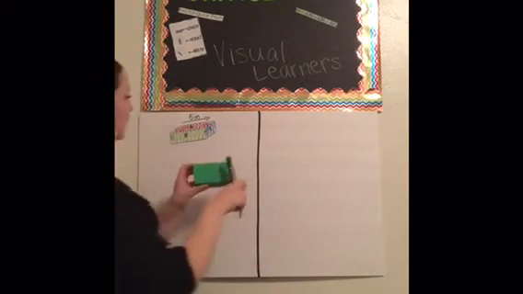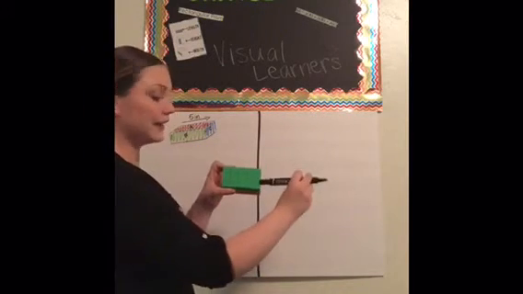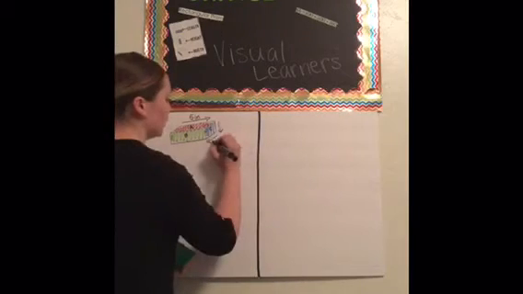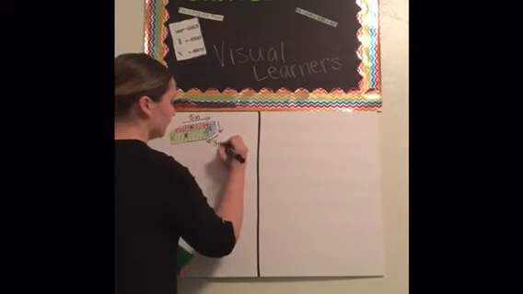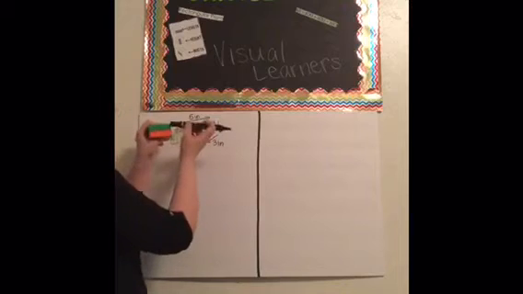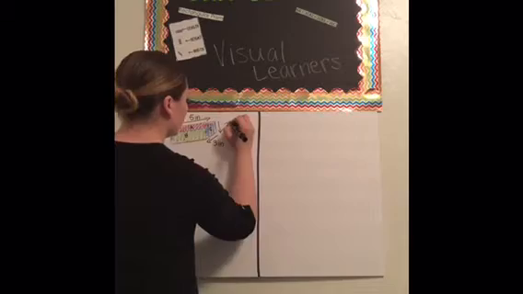And now for this little width side of face A, we have 1, 2, 3 cubes. So we're going to say 3 inches there. Now if we turn it this way, we've got side C, which we show right here, 2 cubes or 2 inches.